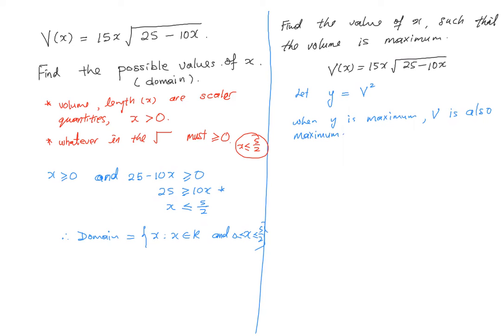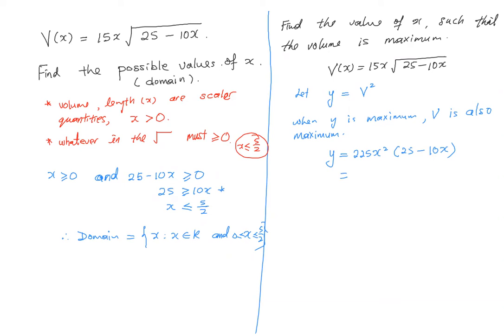So my y is 225 x squared times (25 minus 10x), right? So in this case, take out your calculator, 225 times 5.